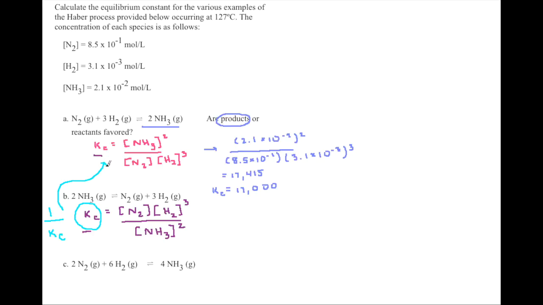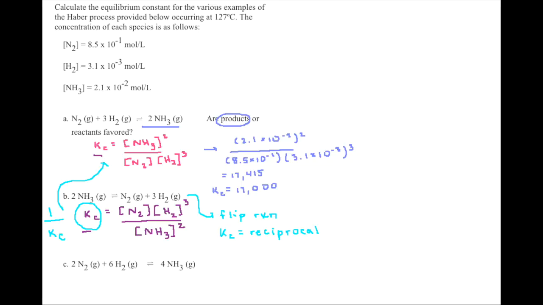What that tells me is if I flip a reaction, what you have to do to the equilibrium constant is just find the reciprocal of it. You have to flip it as well. So if you flip a reaction, then the equilibrium constant, the Kc, is going to be equal to just the reciprocal, because all you have to do to get the original equilibrium constant is flip this reaction, so that's all you got to do to your Kc.